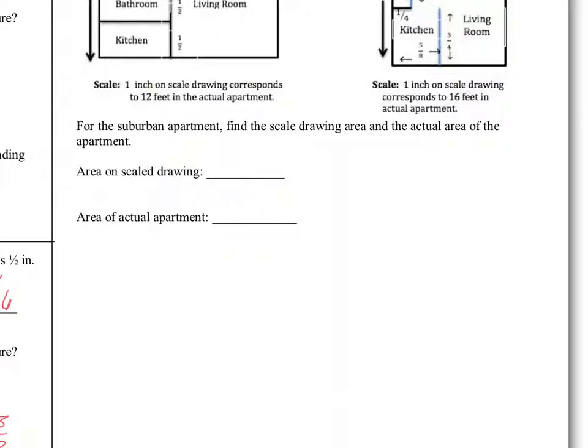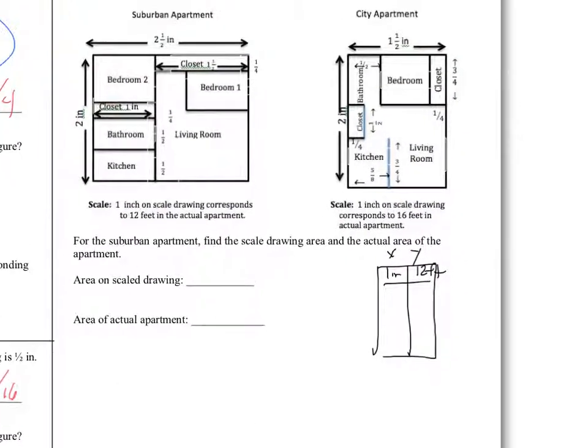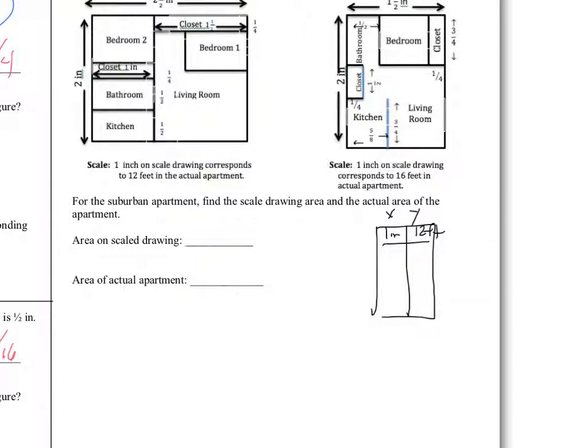Alright, so one way to go through this problem would be to set up an XY table. We can throw in that our relationship is 1 inch to 12 feet, X and Y. And we can see the length and width on our suburban apartment are 2 and 2.5. So we could do the work to figure out what the x and y are. We'd use y is equal to 12x.